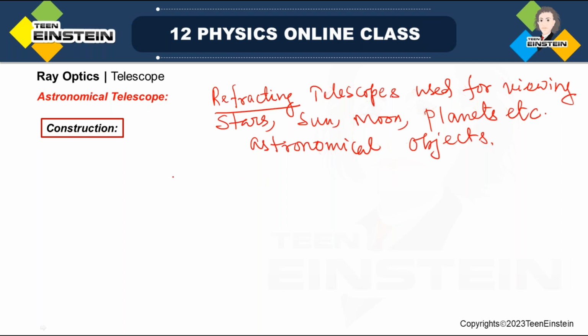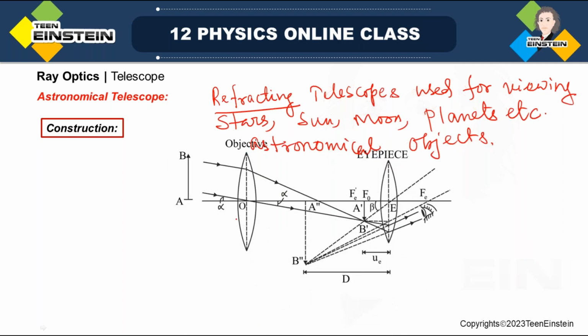So in telescopes also there are two lenses. If I show you the figure, you can see here. Astronomical telescopes consist of two converging lenses or two convex lenses.